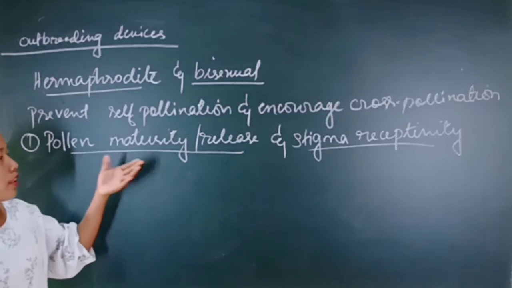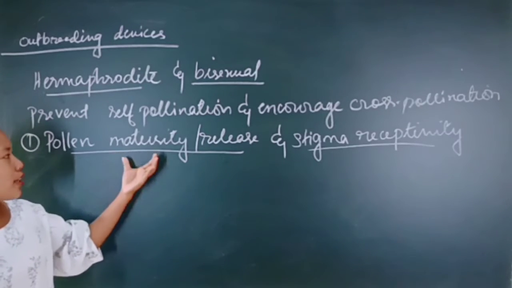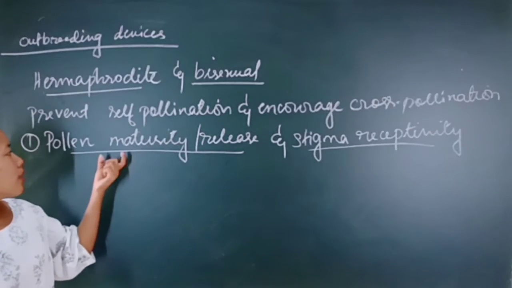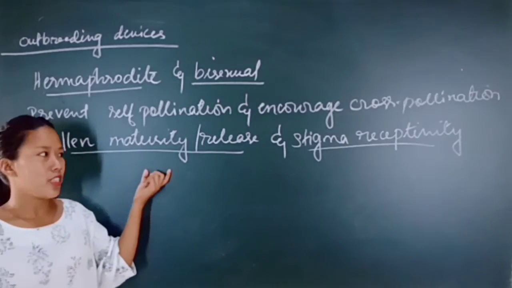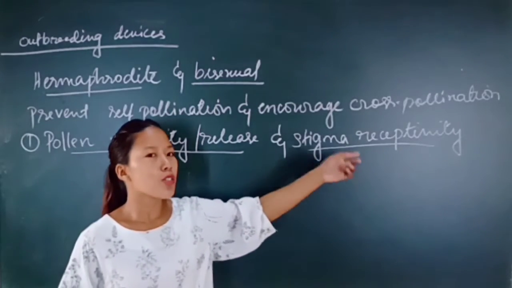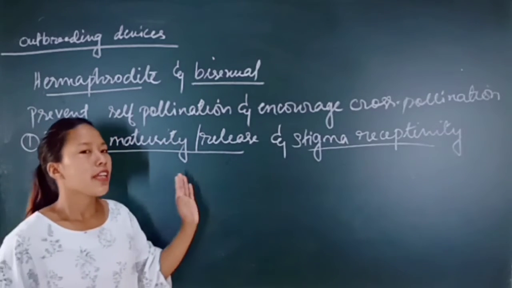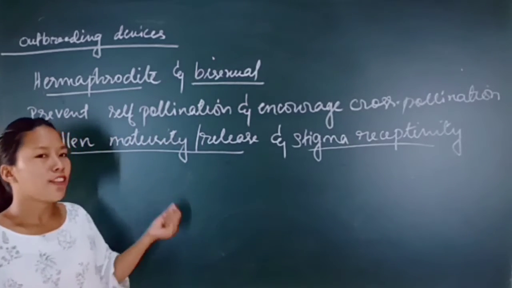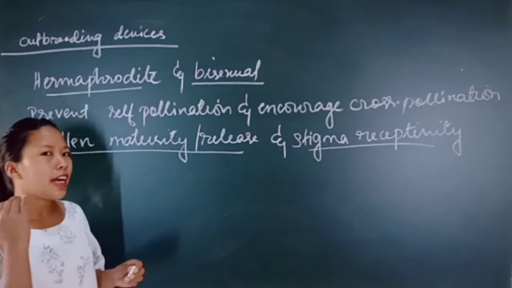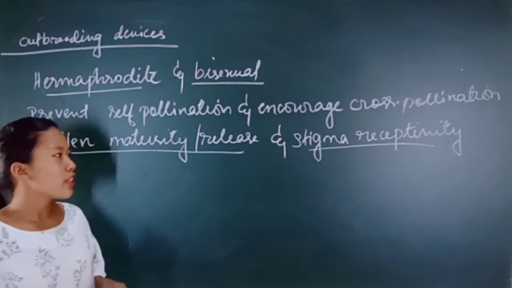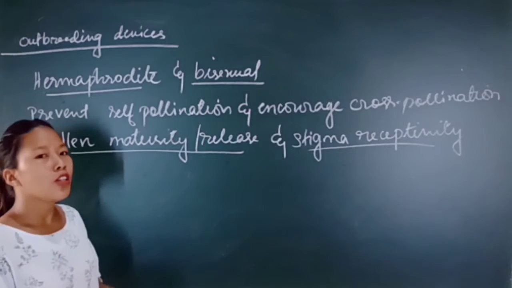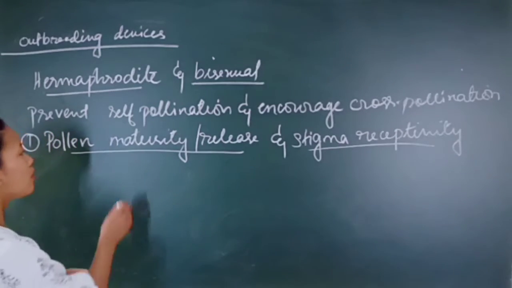So what they do, they are adapted to releasing pollen grains before the stigma is ready to receive the pollen grains. In that way, they are preventing self-pollination. They are trying to avoid self-pollination and encourage cross-pollination.